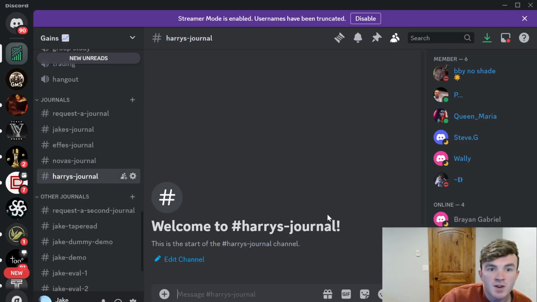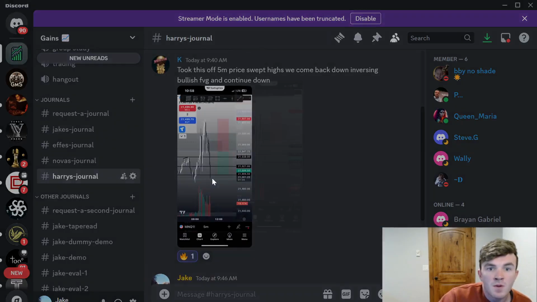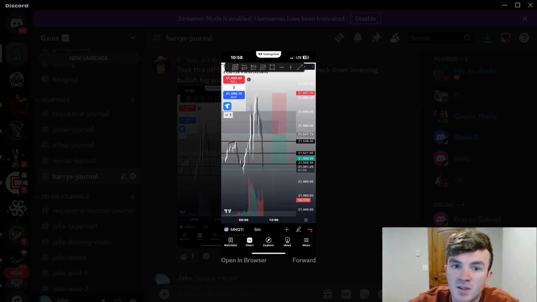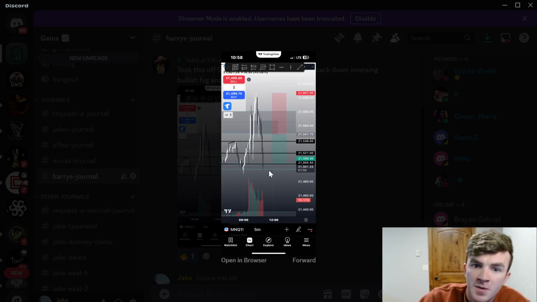Harry took this trade, and I believe Camel Trades took a different one, but the simple idea being there's a lot of lows here, and we got that sell modeled, so once we close below this fair value gap, that's a good trade down to those lows.